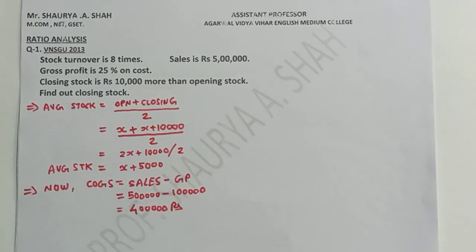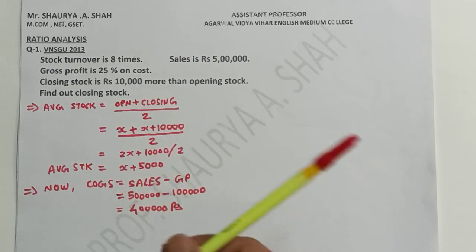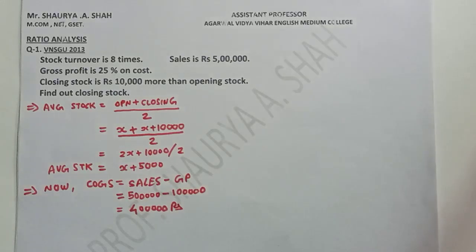Now for the formula of stock turnover ratio, I need cost of goods sold, that I have. I need average stock, that I have in equation form. I have the answer of stock turnover ratio also. So students, now I can find out the answer for your closing stock.